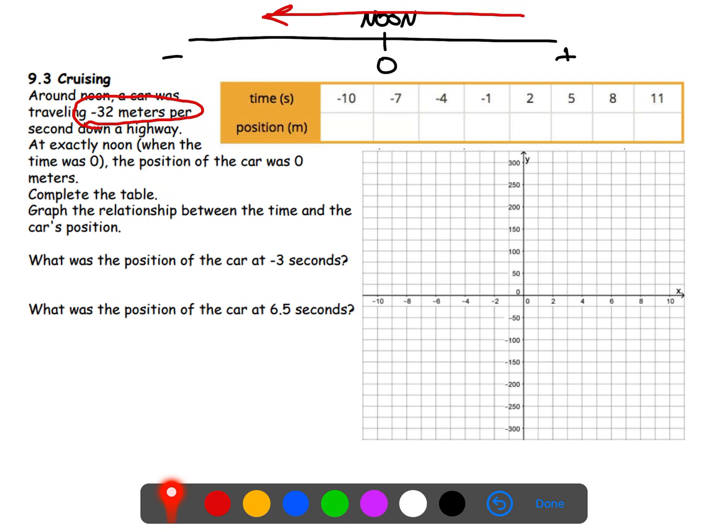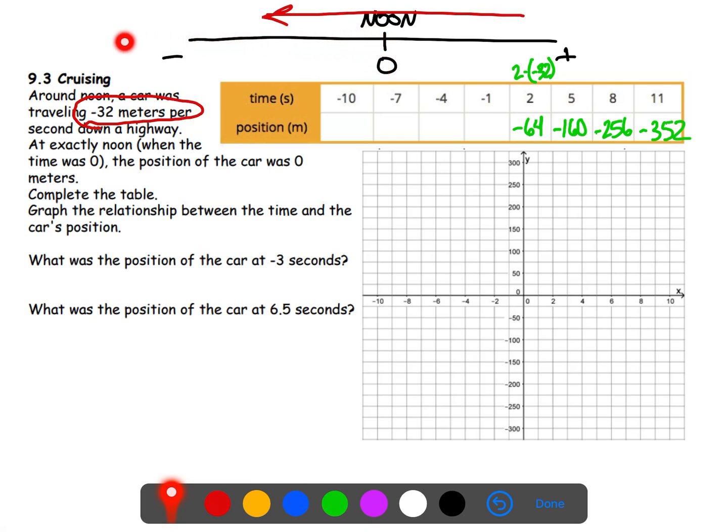So that would give us a total of negative 64 meters would be the position, because we're taking 2 times negative 32. Now we're going to do 5 times negative 32 and fill that in. 8 times negative 32 would be next. And then 11 times negative 32 would be the last.